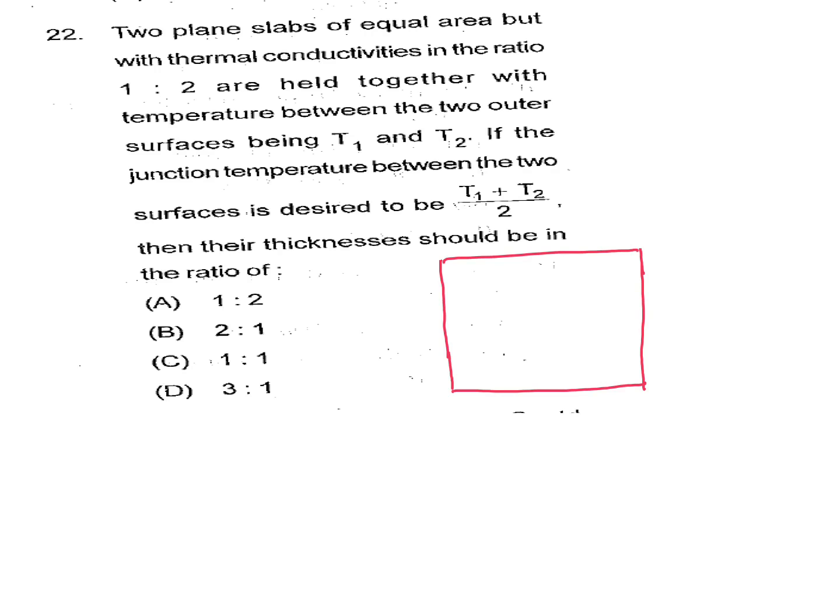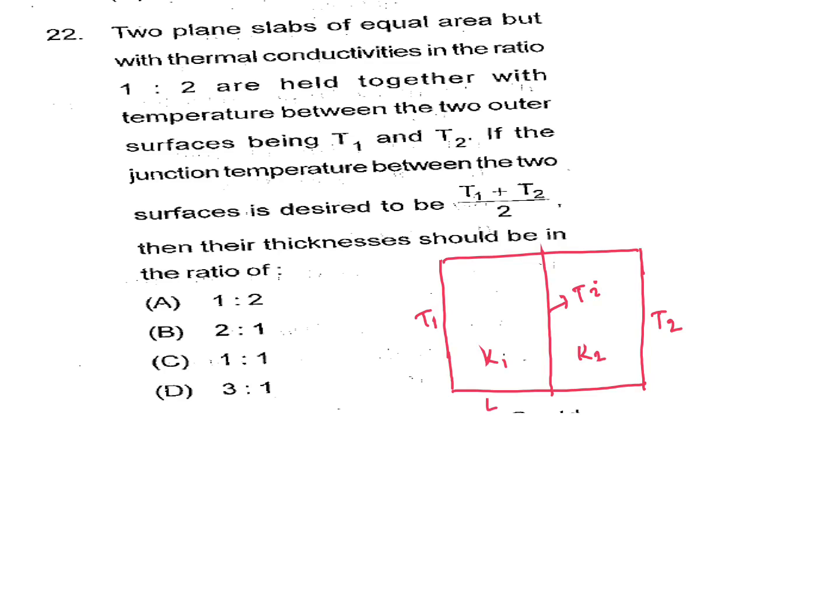Let the two slabs have thermal conductivity K1 and K2. K1 is for slab 1 and K2 is for slab 2. Temperature between the two outer surfaces: let here the temperature be T1 and here T2. Let the interface temperature be Ti.